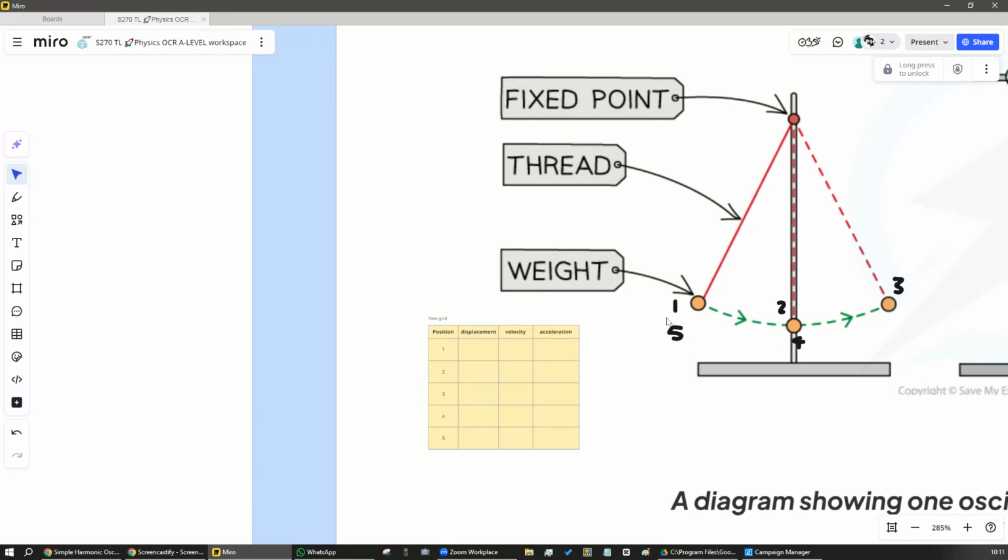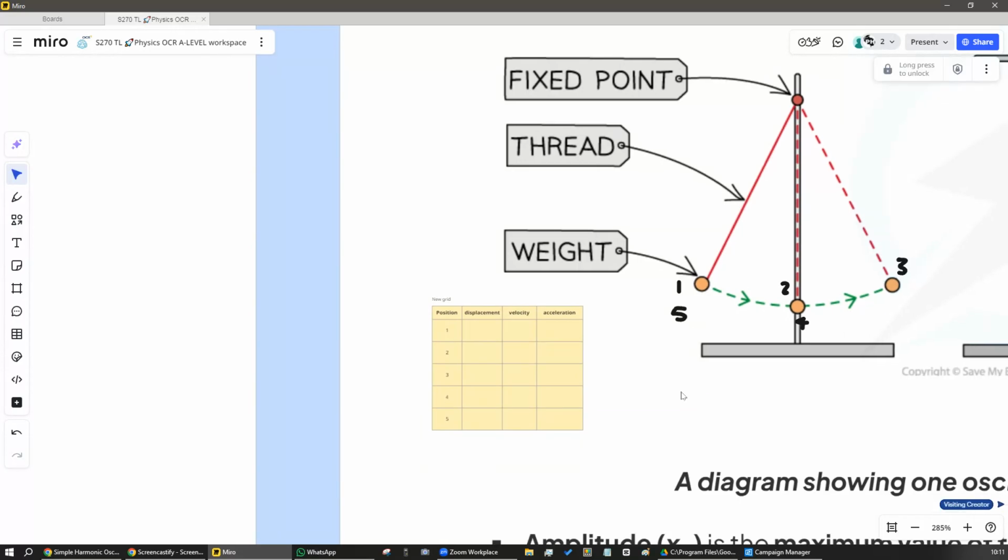Those are the different points of an individual oscillation as it moves forward to the right and back again. We're going to use standard convention of right is positive and left is negative.